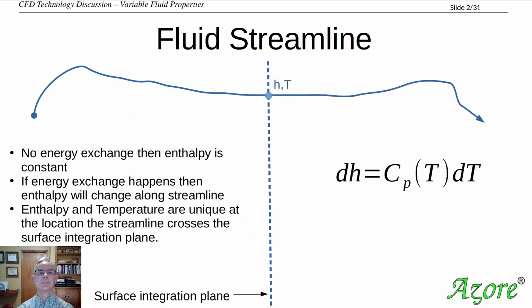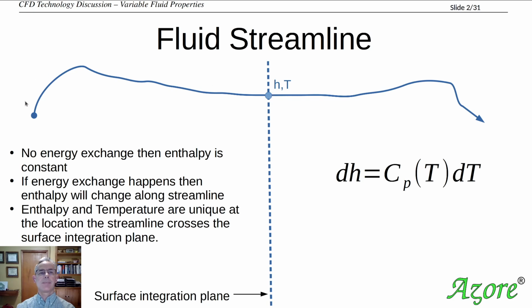To start this discussion, we'll just start by looking at a single fluid streamline. And here we have a fluid streamline. It's a packet of mass, and we're following it, and then it will pierce an integration plane.